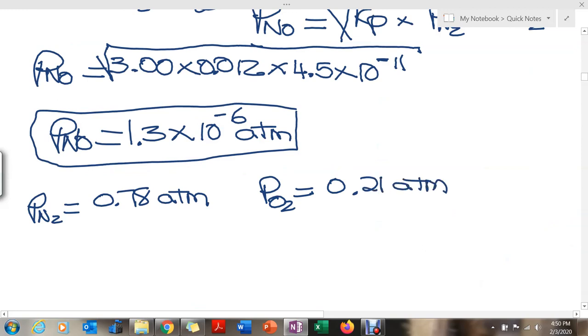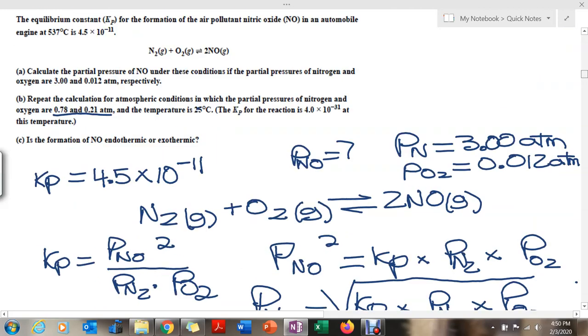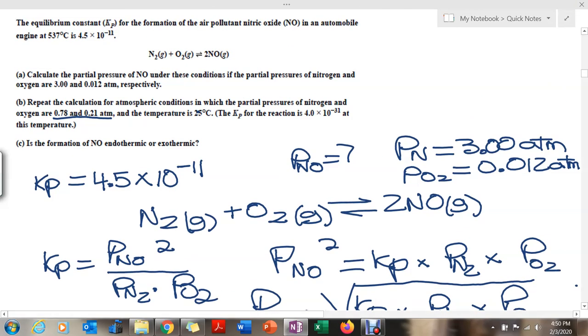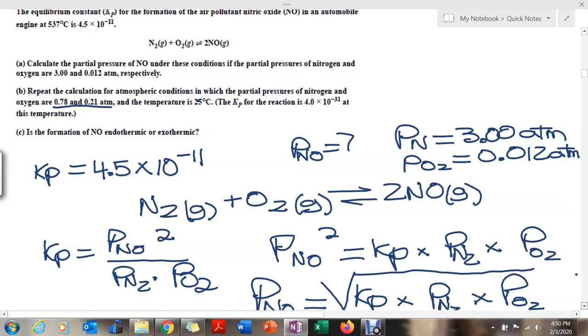Now at a new temperature, because it says clearly here that the temperature decreases from 537 Celsius to 25 Celsius, the Kp changes, of course, and it's 4.0 times 10 to the negative 31.